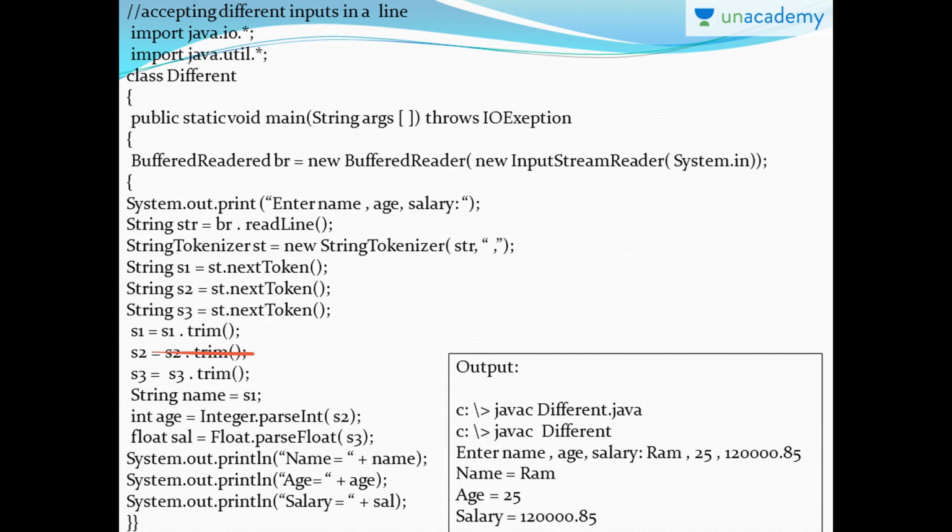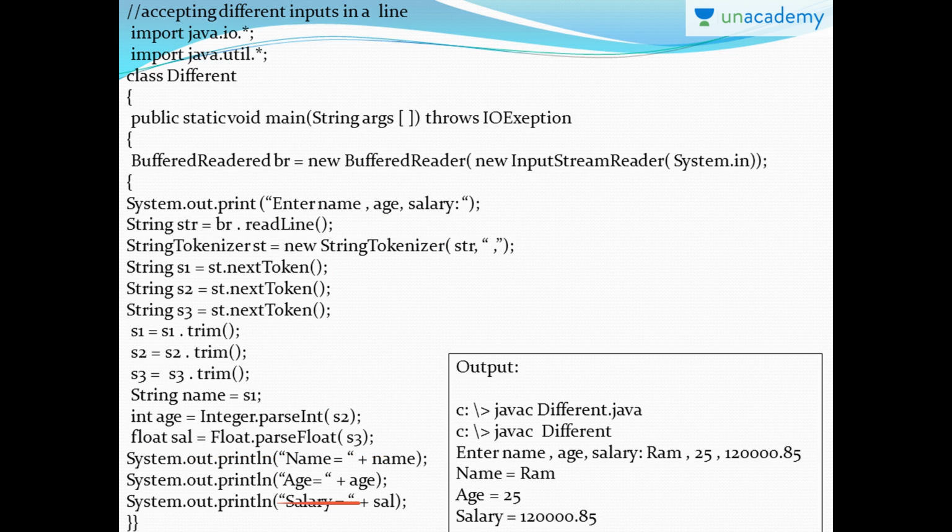Then you trim them. After that you store the complete string name in S1. Reading the name from the keyboard and storing it in S1 is through all this procedure. Then you read your age, that is Integer.parseInt, from S2, and the salary from S3.